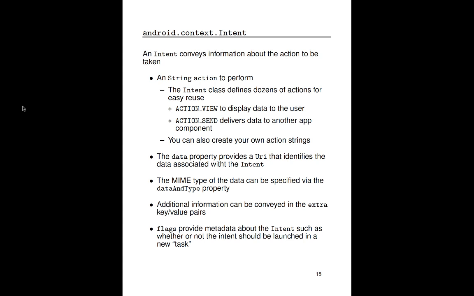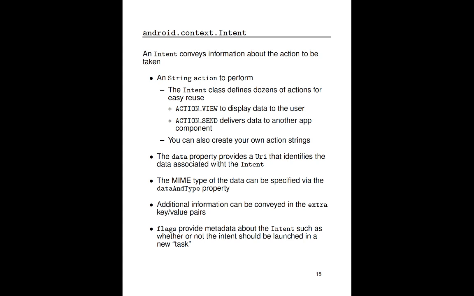Depending on what the target activity does, you can also create your own action strings for more custom and specific application interactions. An intent also has a data property, which provides a URI that identifies the data associated with the intent. An intent can also express the type of data, the MIME type of the data that you're looking to either send to the activity or receive back from the activity.